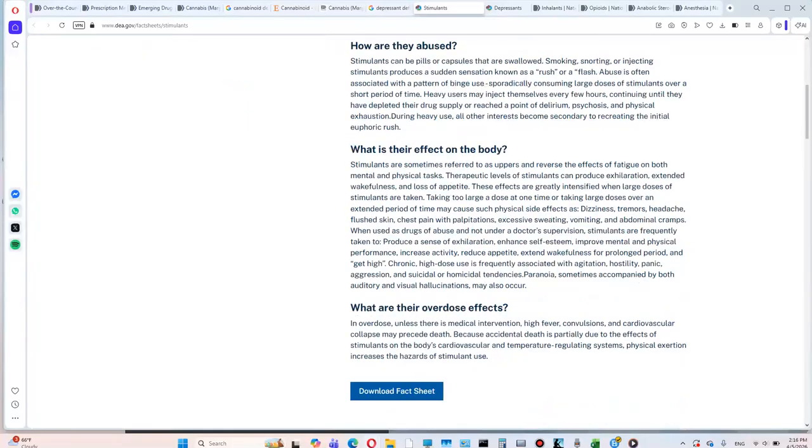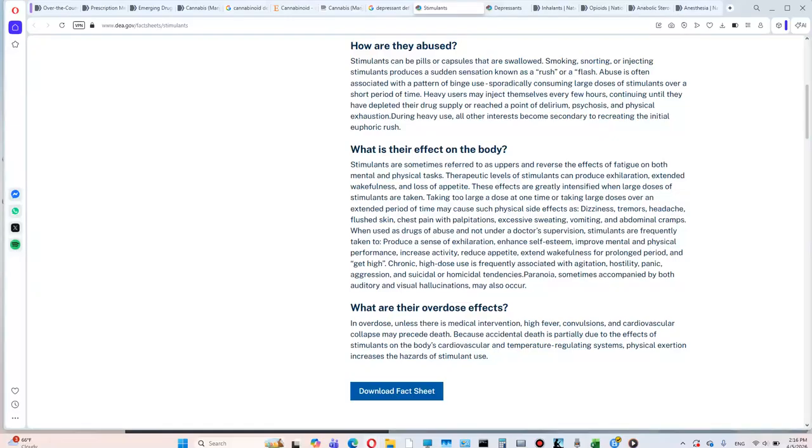What is their effect on the body? Stimulants are sometimes referred to as uppers and reverse the effects of fatigue on both mental and physical tasks. Therapeutic levels of stimulants can produce acceleration, extended wakefulness, and loss of appetite. These effects are greatly intensified when large doses of stimulants are taken.